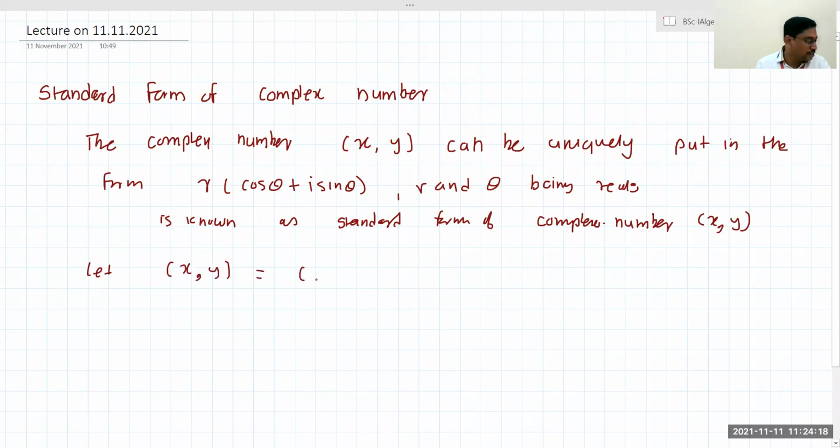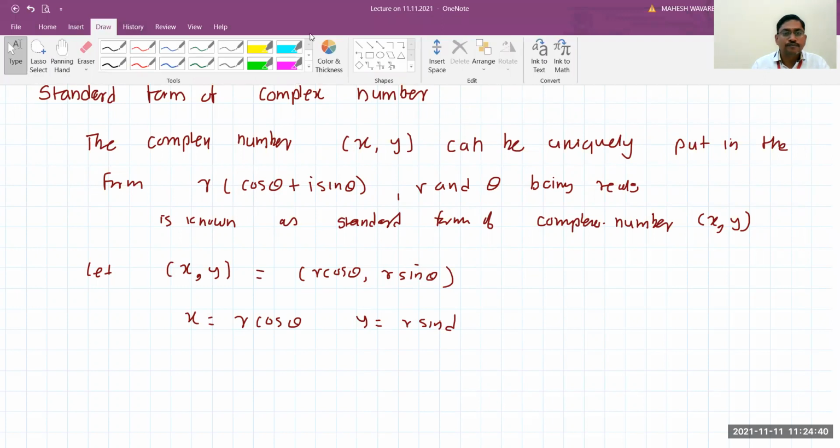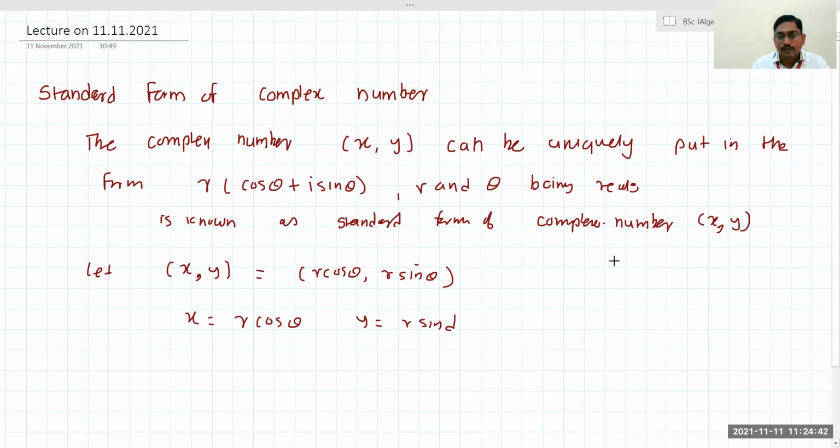You have written x as r cos theta, as we discussed yesterday, and y as r sin theta. That means x you found from the diagram is r cos theta and y is r sin theta. Let me draw this diagram. I can call this the x-axis.